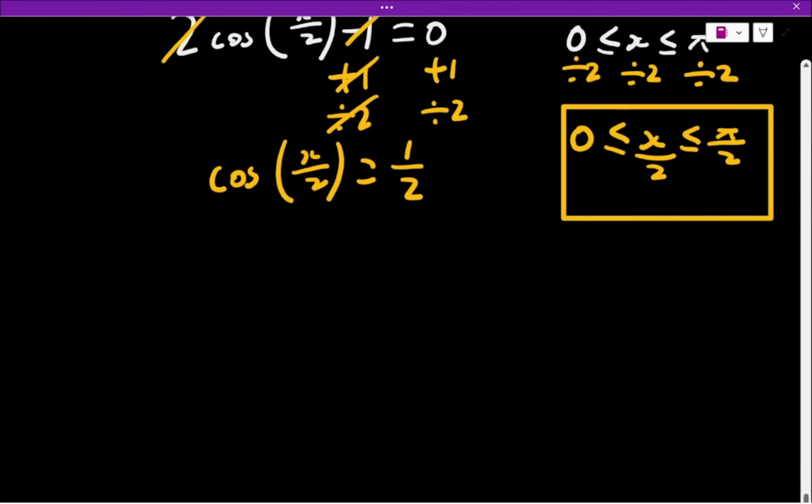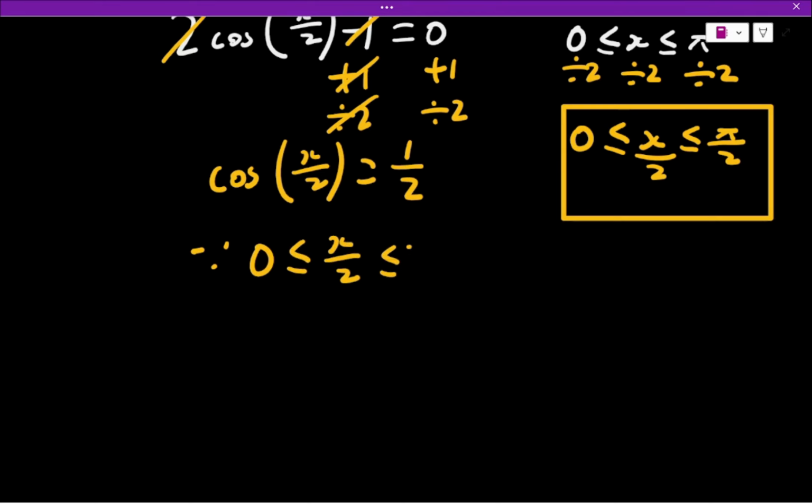So notice that the cosine is positive, and x over 2 must be from 0 to pi over 2. Since 0 is less than or equal to x over 2 which is less than or equal to pi over 2, therefore x over 2 is in the first quadrant.